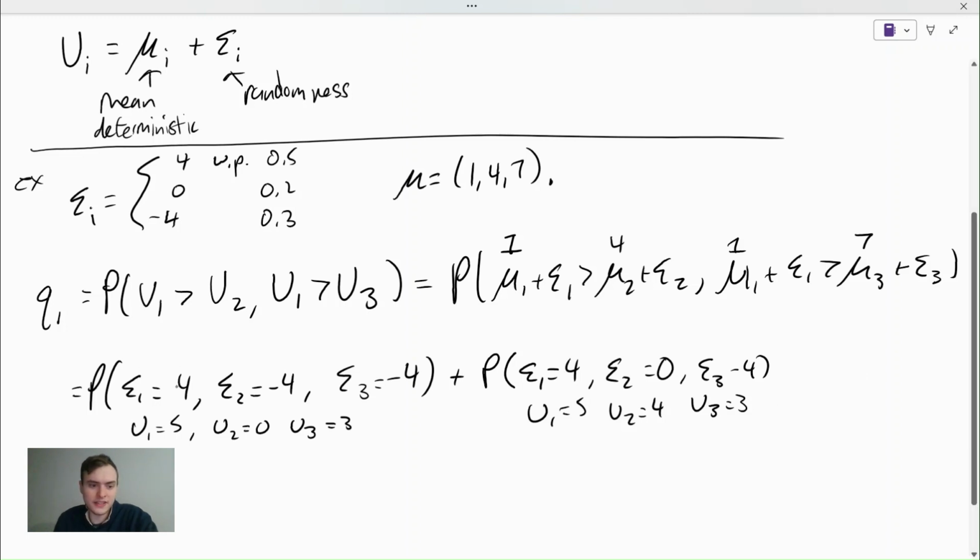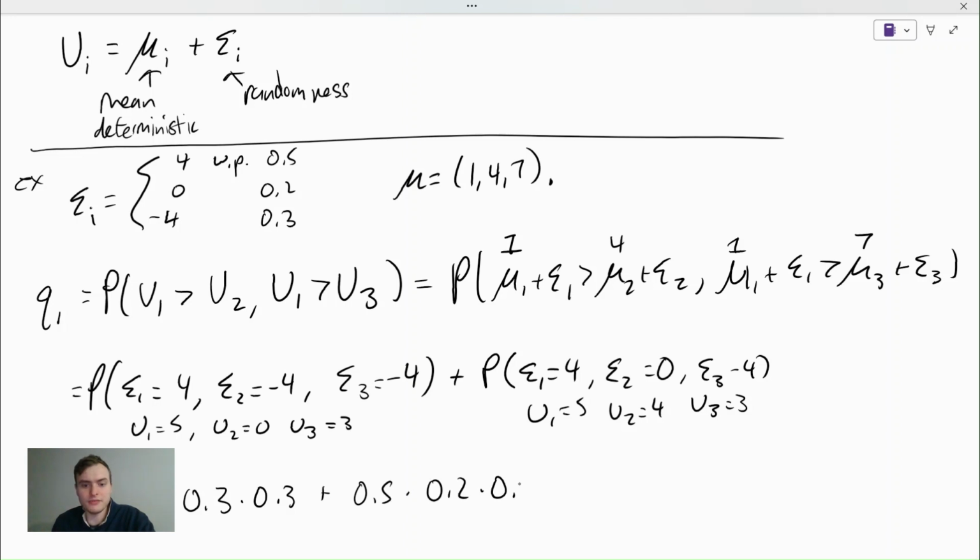And then each of the epsilon are independent by assumption, and so we can substitute in the probabilities from the PMF given up there. So 0.5 times 0.3 times 0.3 plus 0.5 times 0.2 times 0.3 equals 0.075.